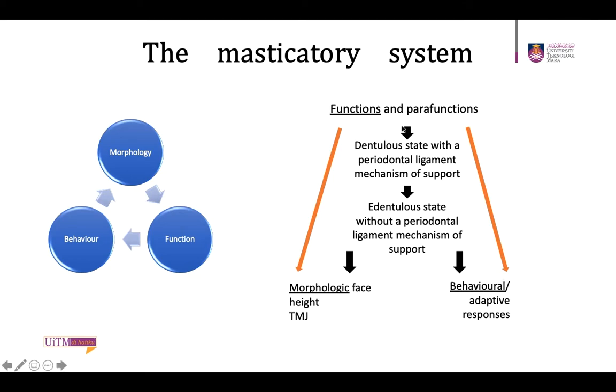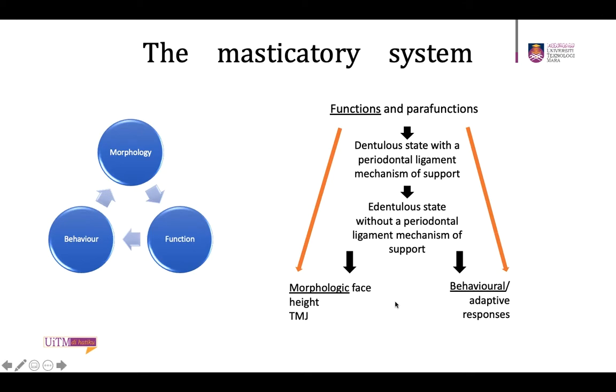Okay, if you think about patients with teeth or dentate patient, where we have teeth in the dentulous state, the teeth are supported with a periodontal ligament as a mechanism of support. But in edentulous state, where the patients do not have teeth, these periodontal ligaments are lost together with the teeth.